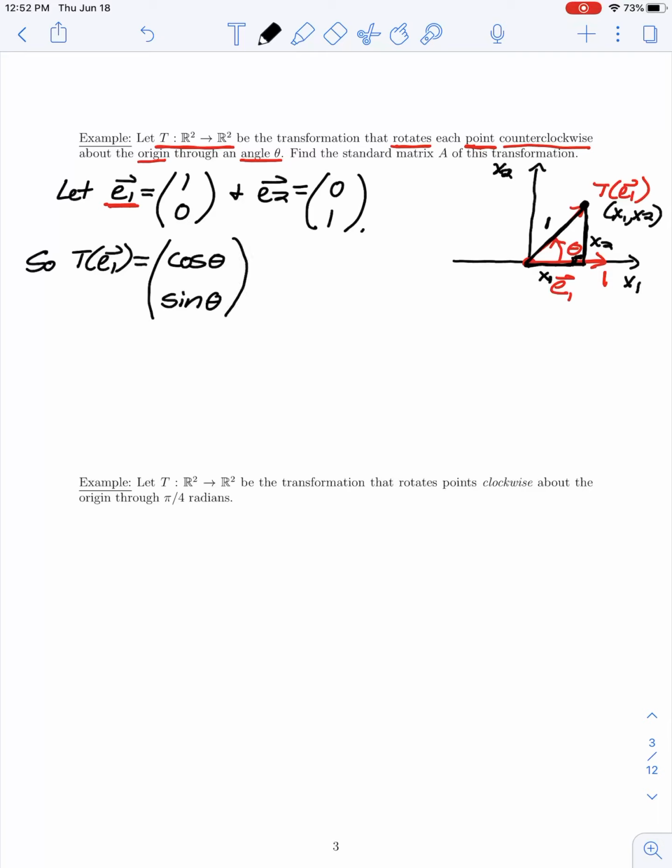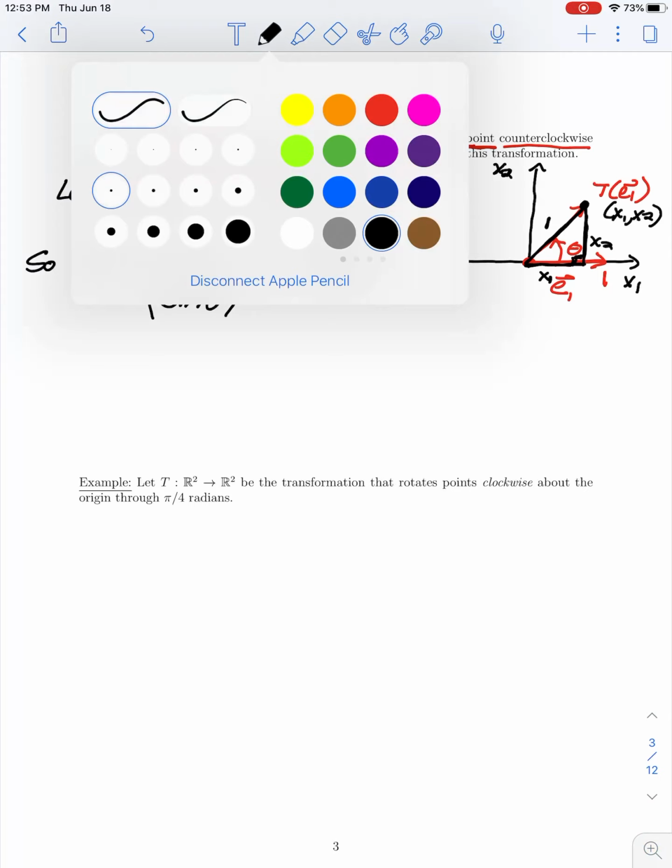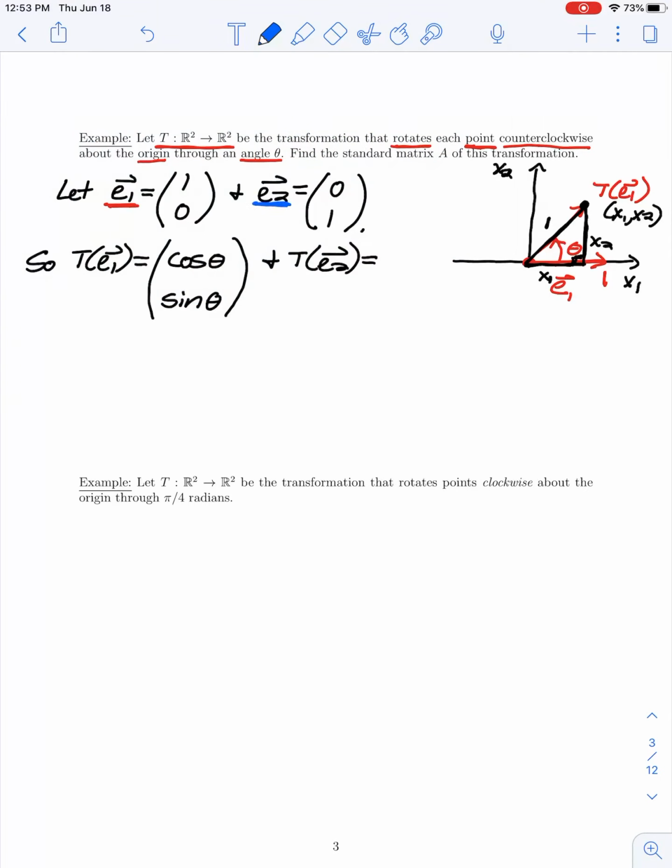Now, to get the image of E2, let's think about the E2 vector. E2 is the vector 0, 1, so its representation starts at the origin and travels 1 unit upward.